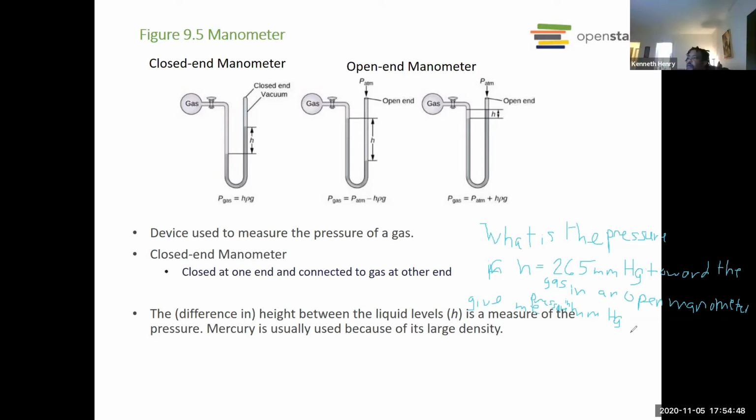So, what is the pressure if the height is 265 millimeters of mercury towards the gas? So it's going this way. So your height is the difference in height, I should say. That's 265 millimeters of mercury.